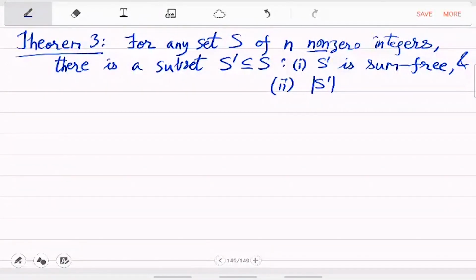How large? More than n by 3. Okay, so both these properties are true.